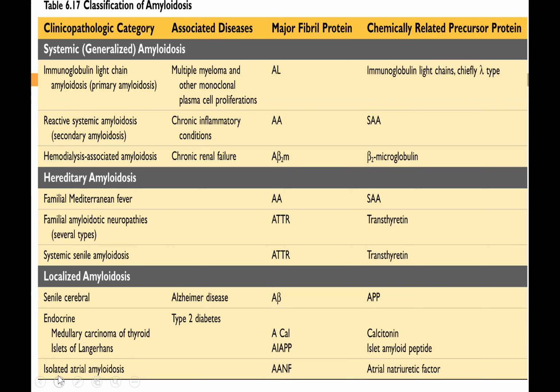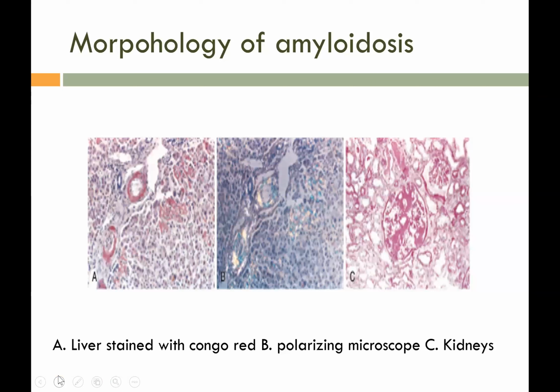To differentiate it by type, you look at whether it is systemic, hereditary, or localized. When you look at it under the microscope, let me remind you, you can do an H&E stain, and if you have suspicion for amyloid, you need to confirm that by requesting a special stain, which we call Congo red. As you can see, these pink-red deposits are diagnostic of the disease.